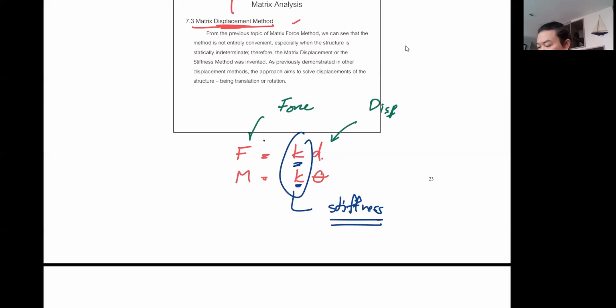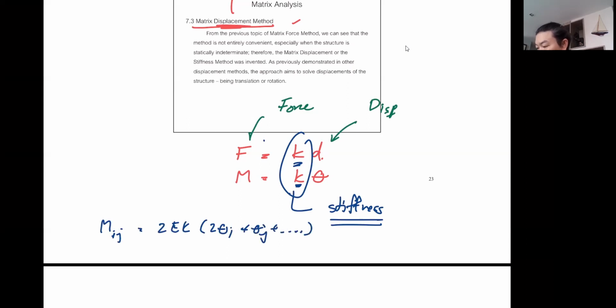If you have the force, if you can describe the structure in terms of the stiffness, you can solve for the displacement, and vice versa. In the slope deflection, when you write the equation MAB or whatever, MIJ is 2EK, 2 theta I plus theta J, and so on.